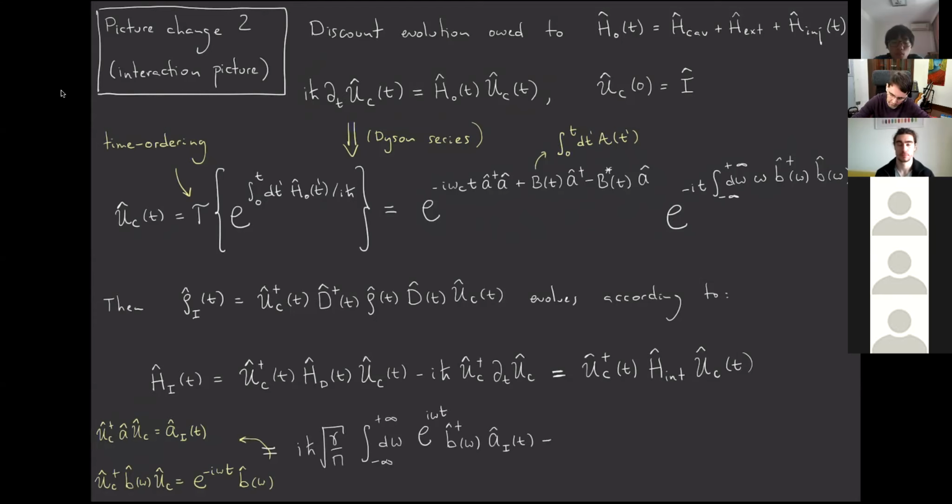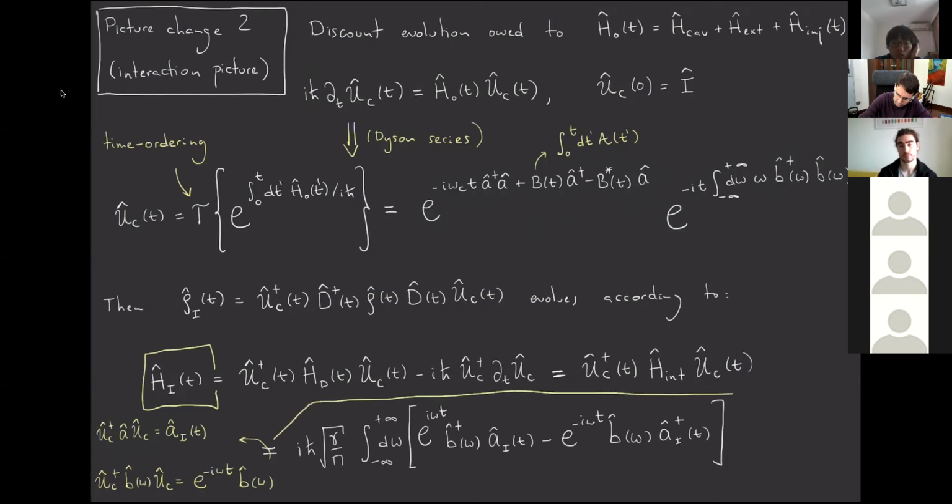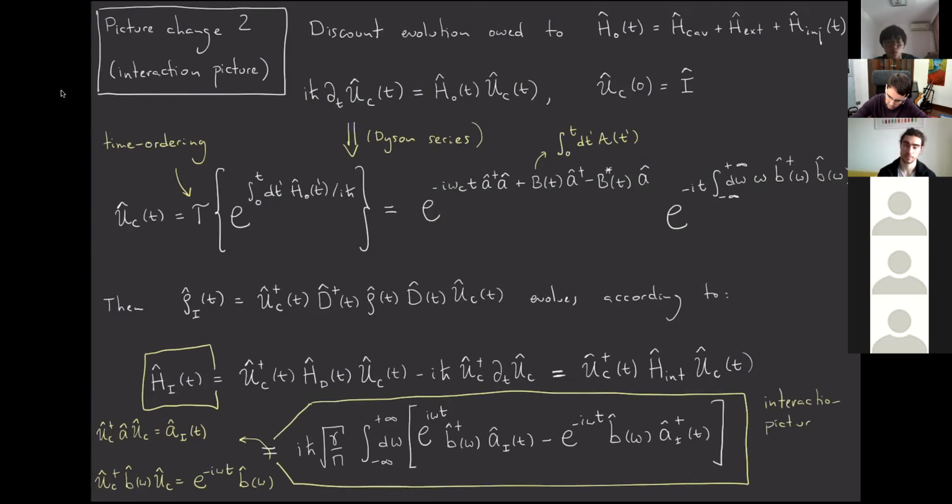And then the same for the other part, the Hermitian conjugate. As I say, this is the final form of the Hamiltonian in the final picture we are going to work in. Let me write it down. This is the interaction picture Hamiltonian.